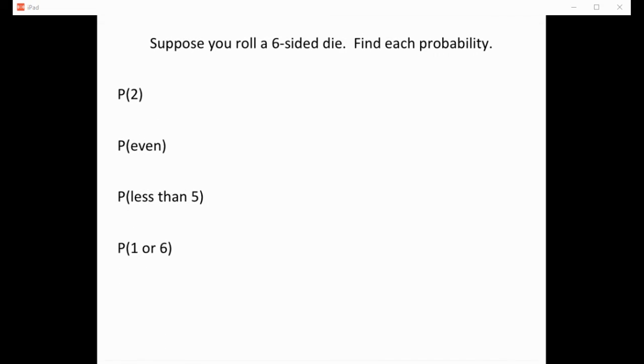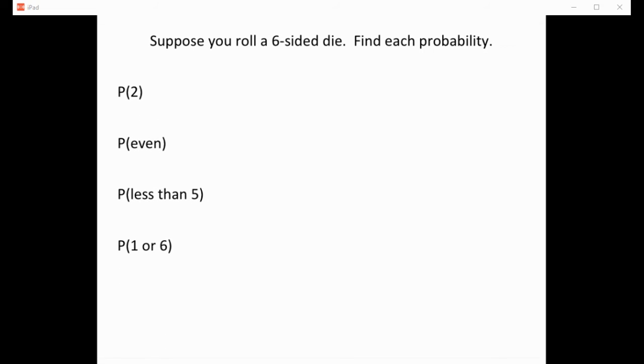Okay. So suppose you roll a 6-sided die. We'll find the probability of each event. There's 6 possible things that could happen if you roll a die: 1, 2, 3, 4, 5, and 6. The probability of getting a 2 is 1 out of 6, which is 0.16 repeating. The probability of getting an even number: the even numbers are 2, 4, and 6, so that's 3 out of 6, which is 0.5.